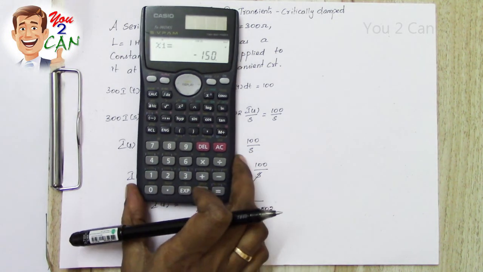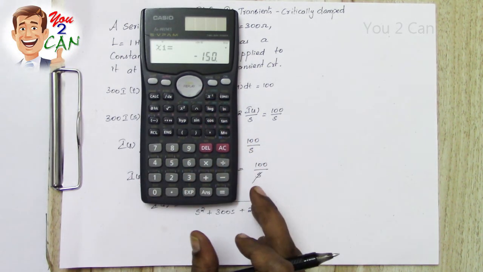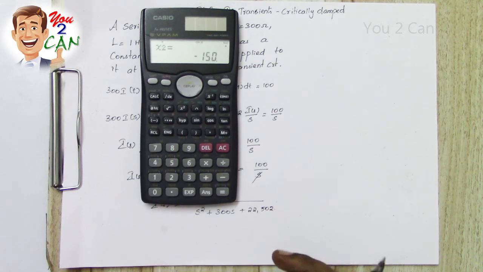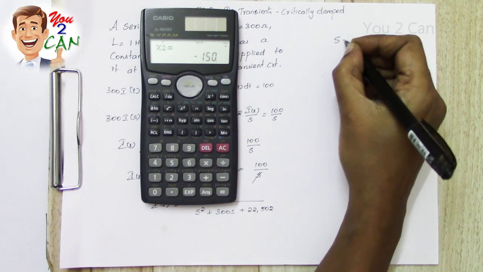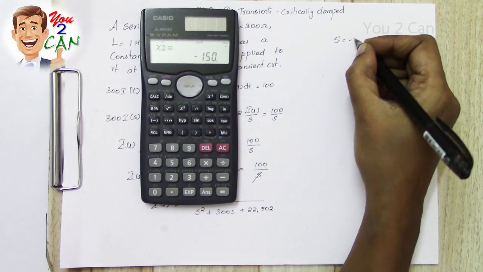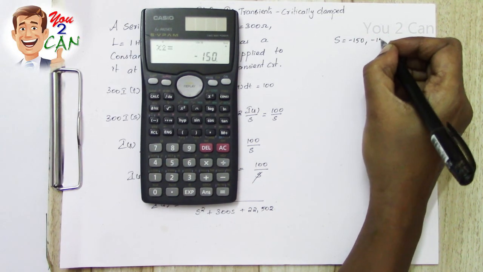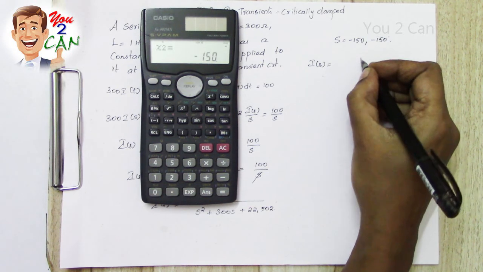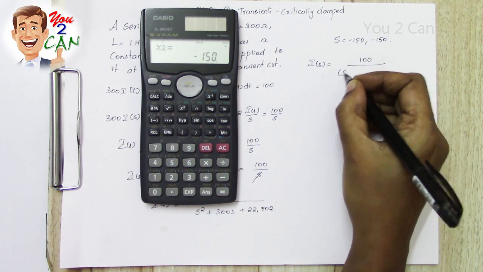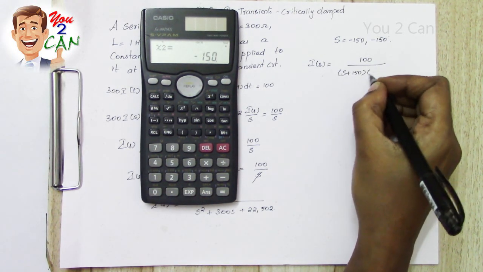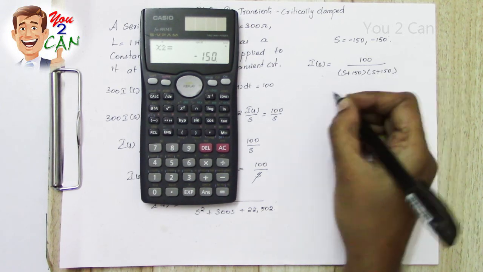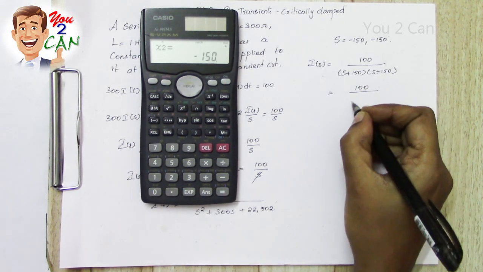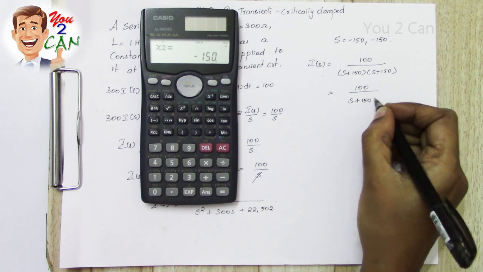Now the roots are 150 and 150, that is minus 150 comma minus 150. So we can write I of s equal to 100 divided by (s plus 150) into (s plus 150), that is 100 divided by (s plus 150) the whole square.